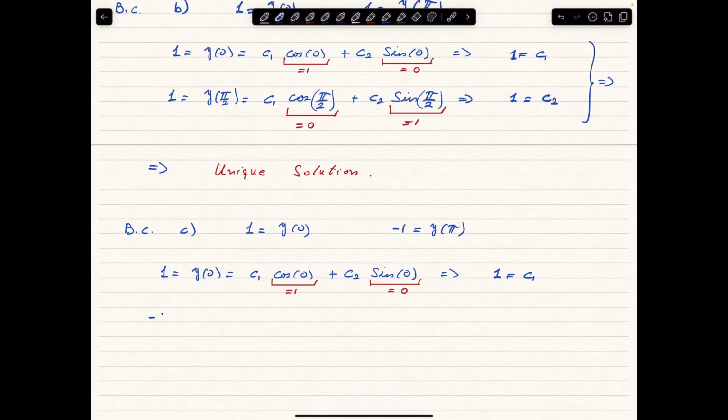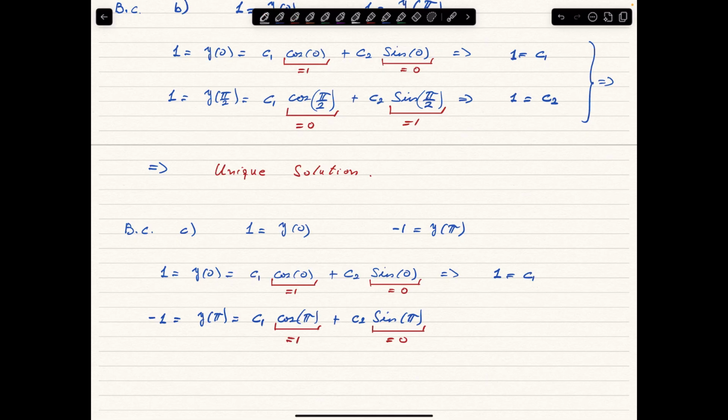The other condition is -1 is equal to the solution at pi. If we evaluate the solution at pi, we are going to have C1 cosine of pi plus C2 sine of pi. But we know very well that the sine of pi is 0 and the cosine of pi is -1.